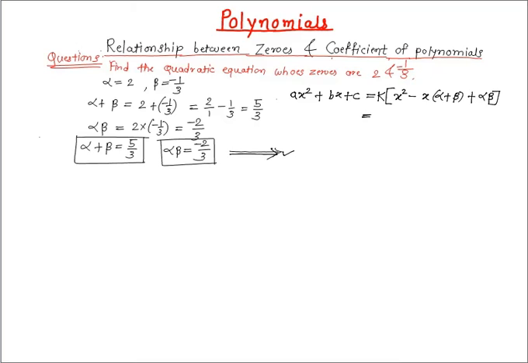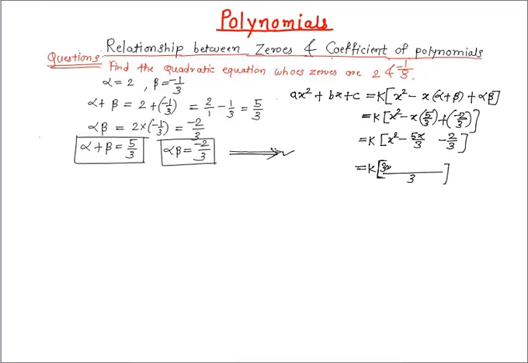We get k into x square minus x, what is alpha plus beta? It is 5 by 3, and alpha beta is minus 2 by 3. Solving this, you get x square minus 5x by 3 minus 2 by 3.